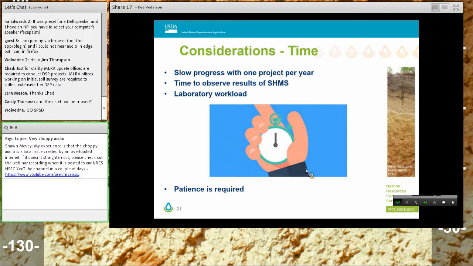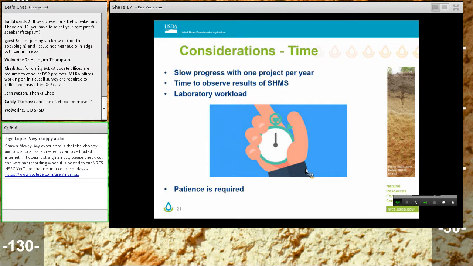Time is something I think we can all agree is a limiting factor for such an effort. One project per year is a piecemeal approach. Developing a strategy to cover more ground with fewer projects, perhaps by targeting benchmark soils or those of agricultural significance, would help this issue. The time to obtain results from soil health management systems is an issue as well.